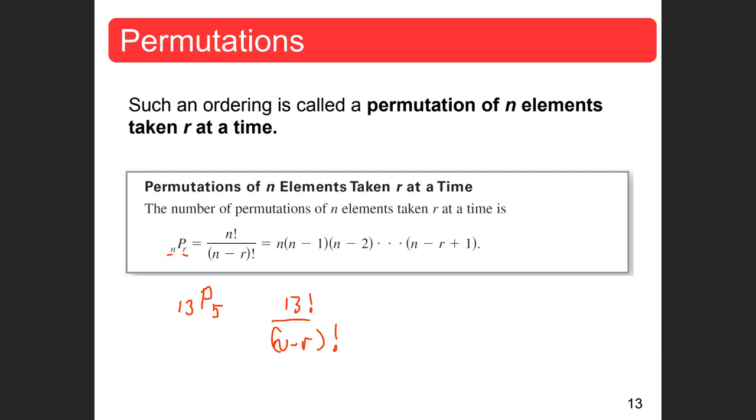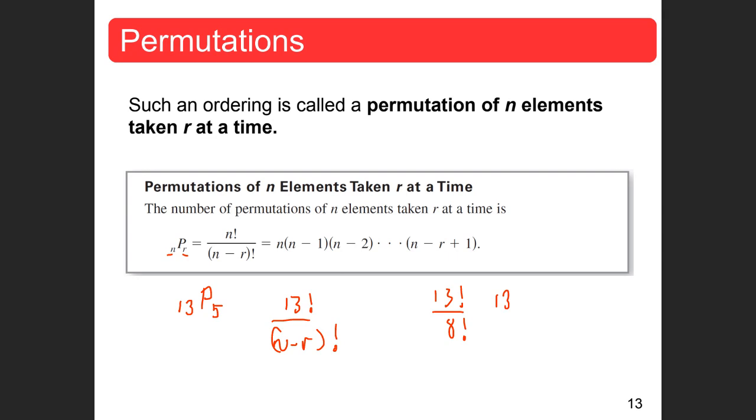Well, 13 factorial, we'll leave that on top, over n minus r. Well, n minus r, so that's going to be 13 minus 5, which is, what is that, 9? No, 8. 8 factorial. So 13, and then this is where it gets cool, because learning how to work with factorials is awesome.